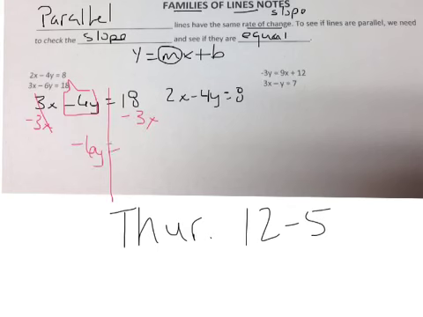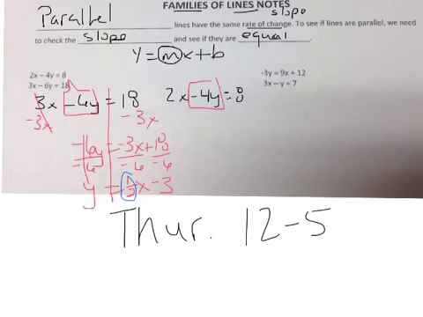Negative 6y equals, I write this into an mx plus b form, negative 3x, and that's a positive 18. Then we divide everything by negative 6. Y equals, the 6's cancel, negative 3 divided by negative 6. Type that in my calculator and Math 1 enter, and I get 1/2 x. Then 18 divided by negative 6 is negative 3. So there is my slope for that one.